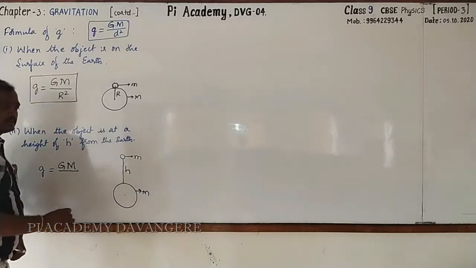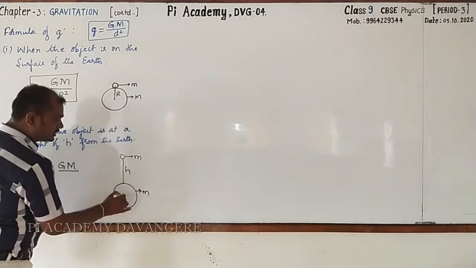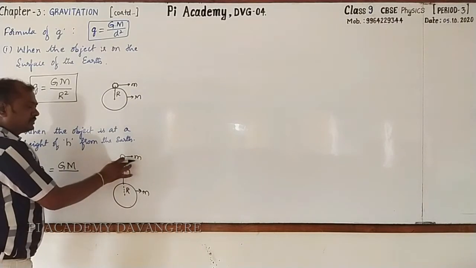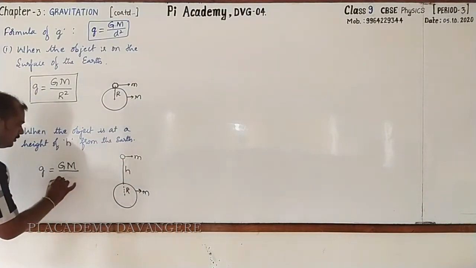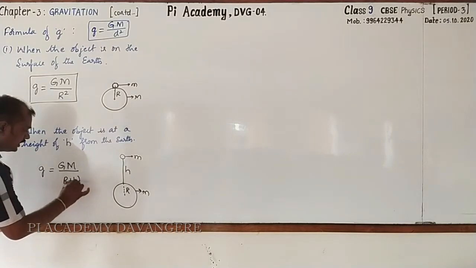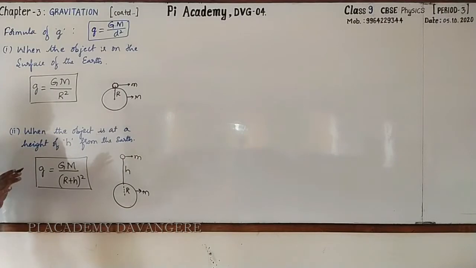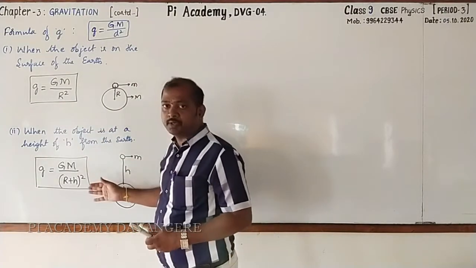What is the distance? The distance between the center of the object and the center of the earth is nothing but the height of the object from the surface of the earth as well as the radius of the earth. We can write it as r plus h whole square. Followed? These two are important formulas, should be remembered.